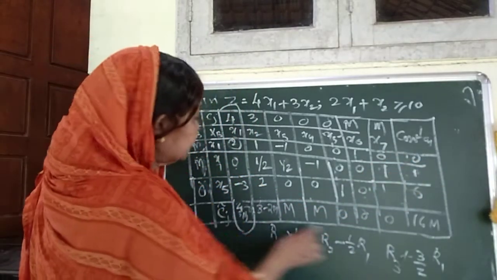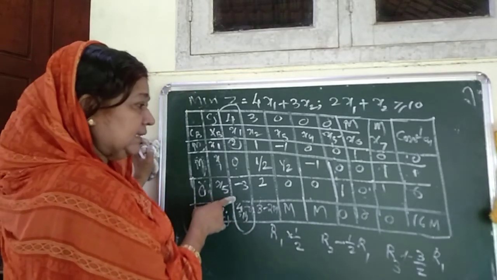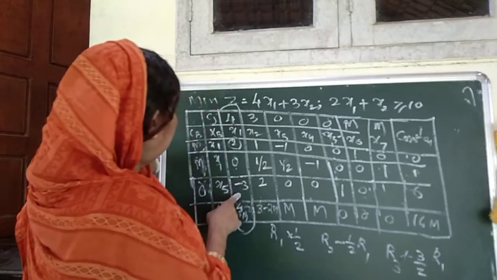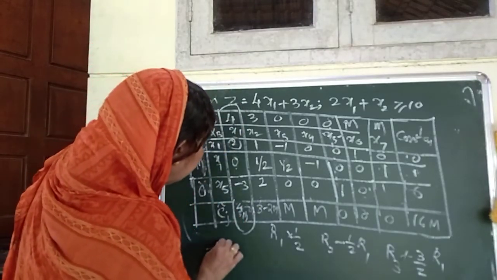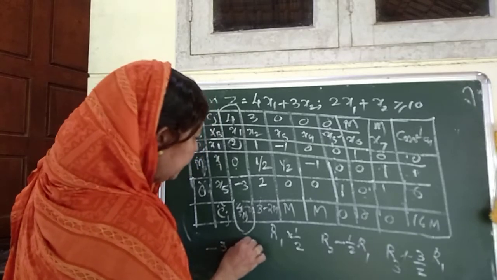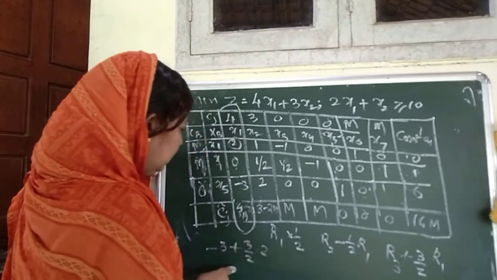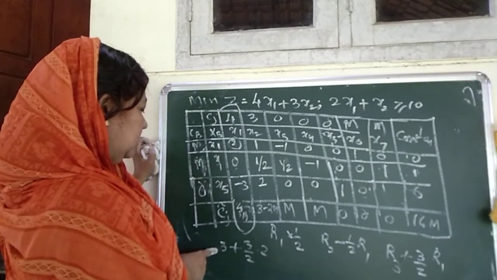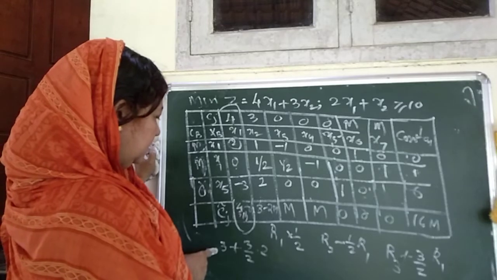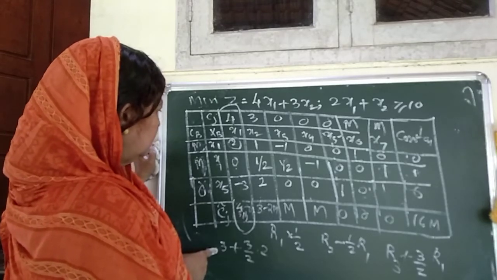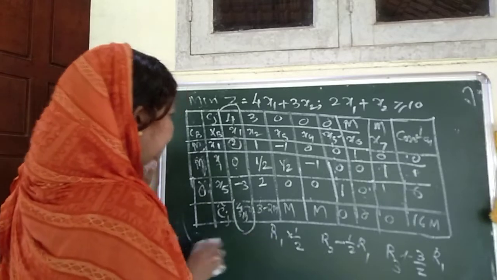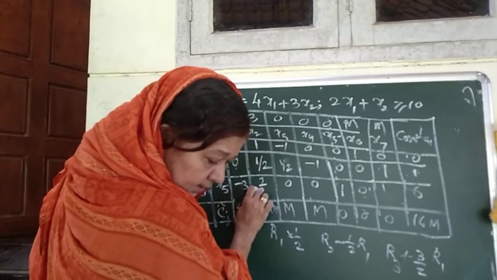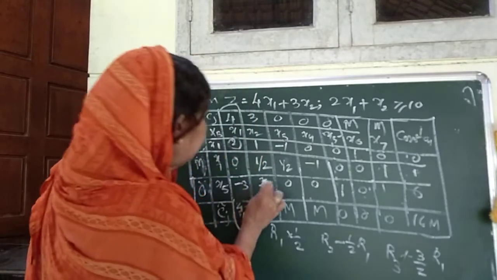Similarly, R3 plus 3 by 2 into R1 gives minus 3 plus 3 by 2 into 2. That is minus 6, and 3 by 2 into 2 instead of 2 we have 7 by 2.